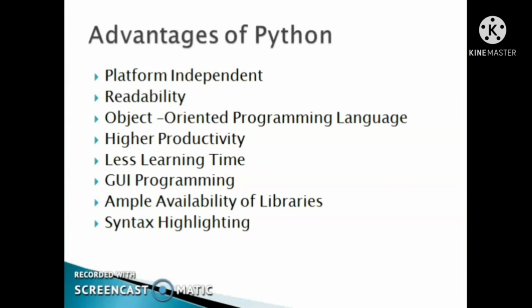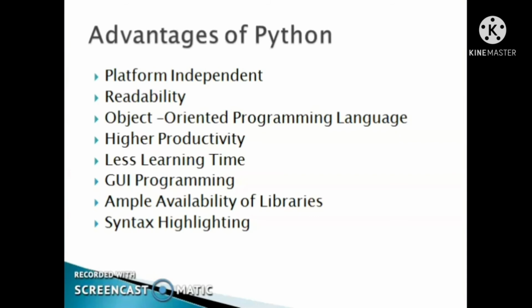Higher productivity. Since Python is a simple language with small codes and extensive libraries, it offers higher productivity to programmers than languages like C++ and Java. So you write less and get more done.